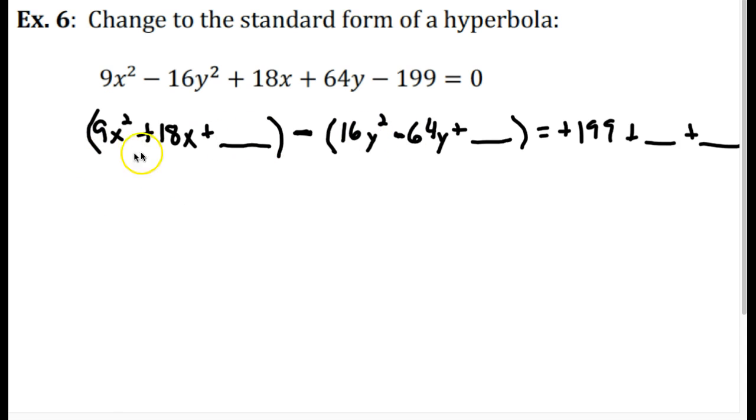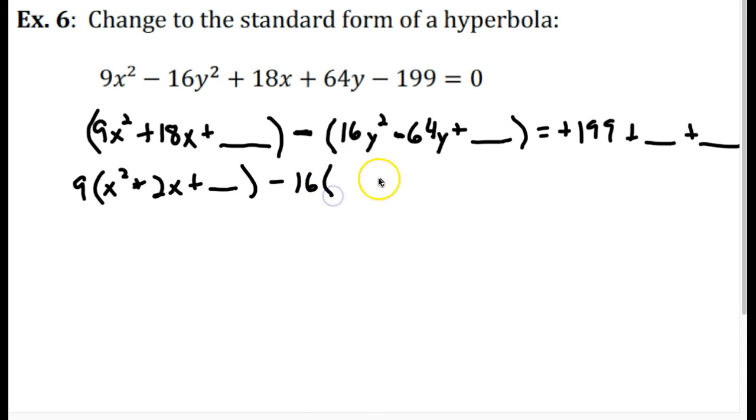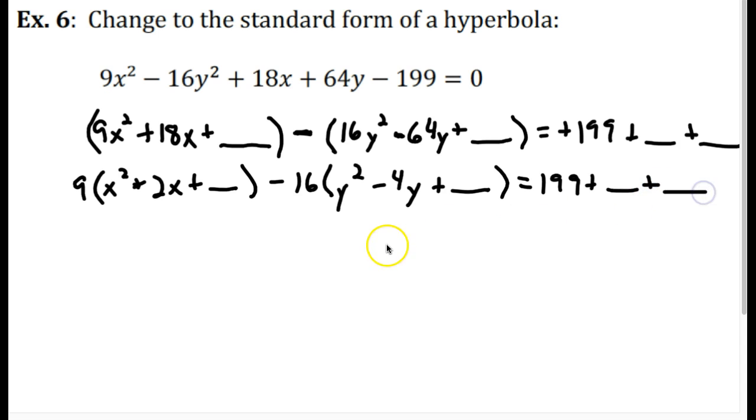So now, again, remember we need to have 1s as our coefficients, so I'm going to factor a 9 out over here and make this 9 times x squared plus 2x plus something, minus, and I'm taking a 16 out here, so minus 16 times y squared minus 4y plus something equals 199 plus something plus something.